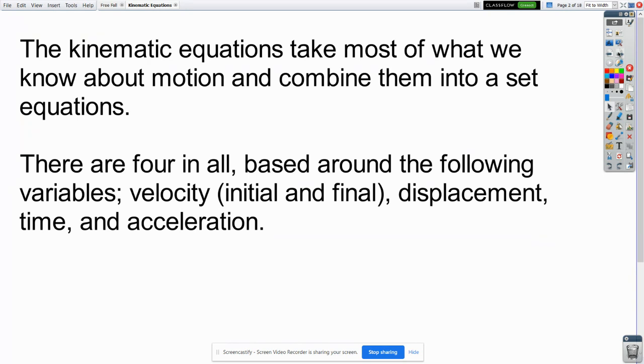Basically, all of those things get combined together to make these four kinematic equations. All four kinematic equations are based around five variables. We have an initial velocity and final velocity, so there's two different velocities, beginning and end, displacement, time, and acceleration.